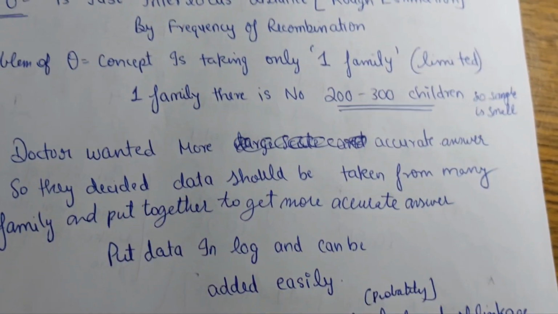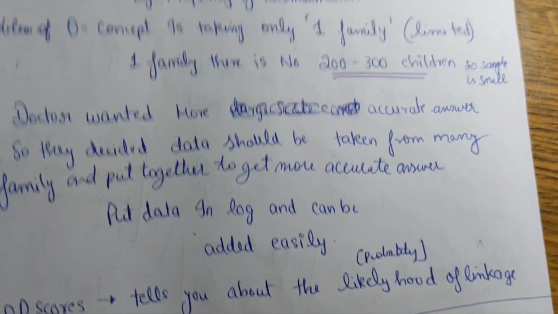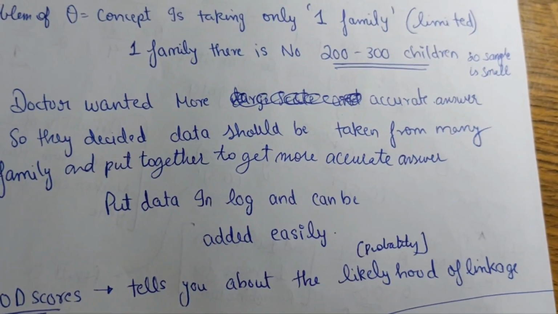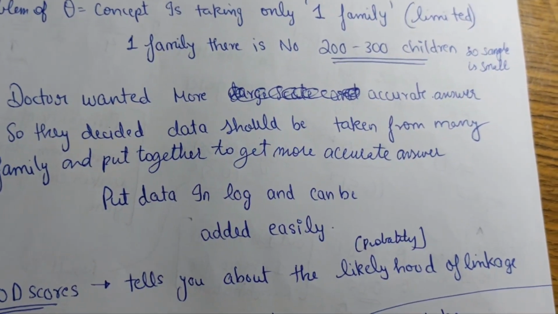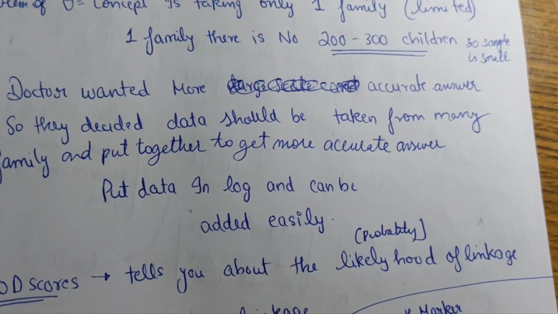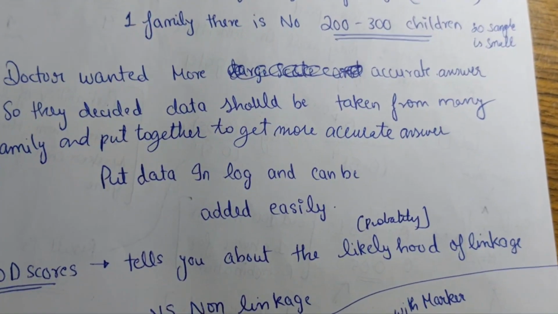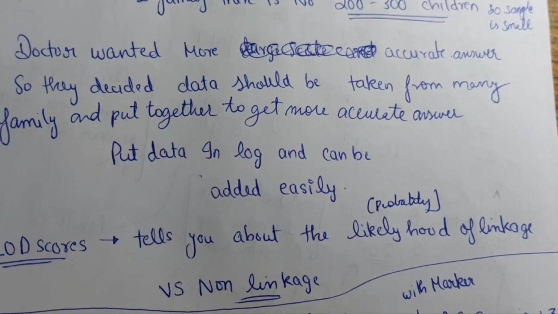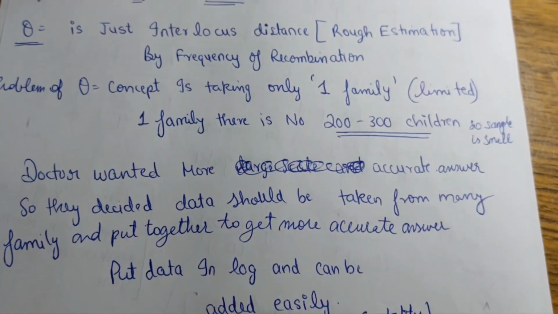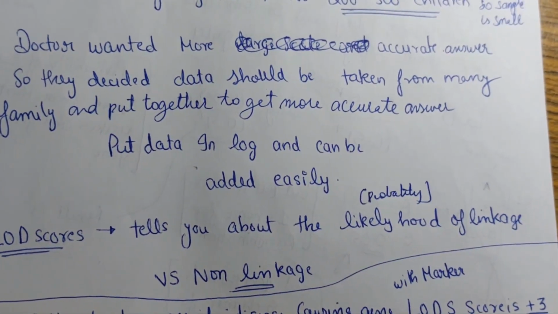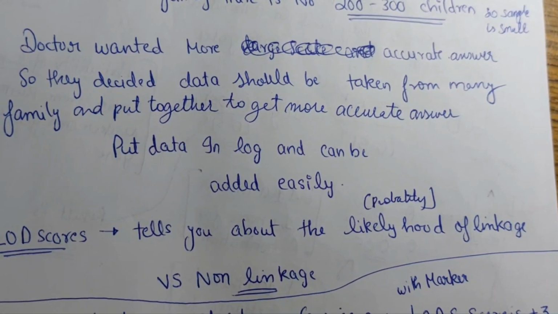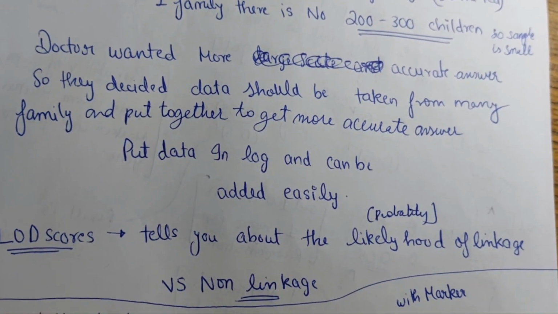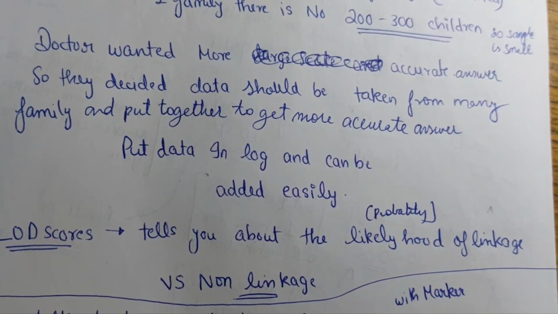The doctors wanted a more accurate answer, so they decided that the data should be collected from many families, and this data should be put together to get a more accurate answer, and that can be done with the help of log, and then the data can be added easily. So the LOD score tells us about the likelihood or probability of linkage versus non-linkage of the particular genetic marker and the disease associated gene.